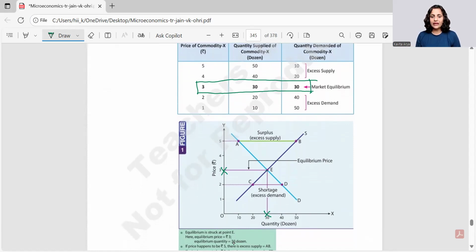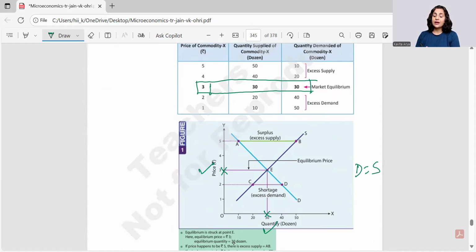So we have 3 as the price with respect to E, see this, and 30 as the quantity. Labeling only these two on the scale would also work. So this is a situation of market equilibrium where demand is equal to supply, determined at price 3 and quantity 30.